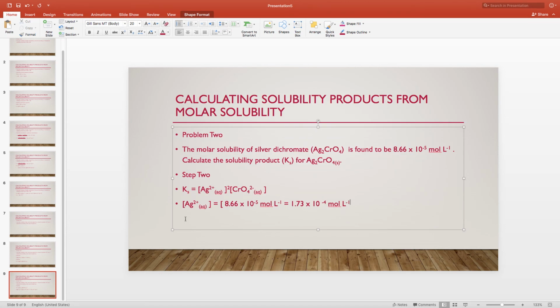And the concentration of the dichromate ion is just going to be the same as the silver dichromate, so that's just going to equal 8.66 times 10 to the negative 5 moles per liter.